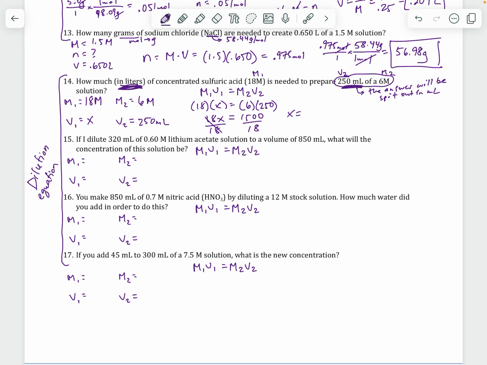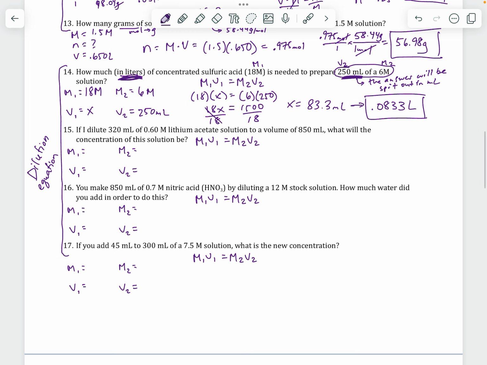X in this case is V1, and it's going to end up with the units of milliliters because that's what my other volume was in, so 83.3 milliliters. But I need to go one extra step to convert it, and so we have to divide by 1,000 there, and we end up with 0.0833 liters.